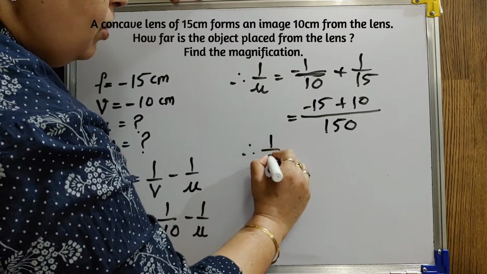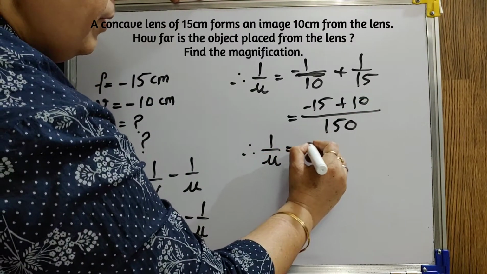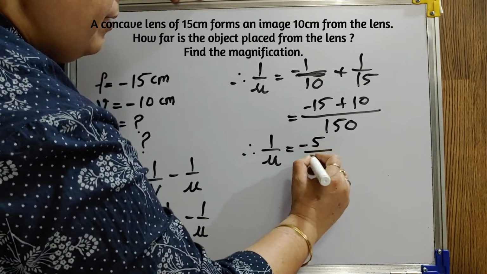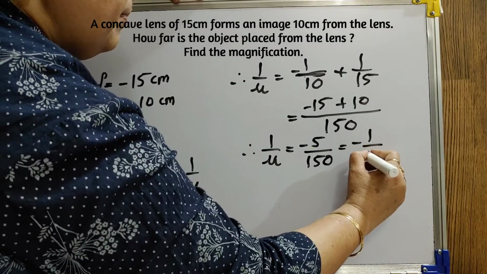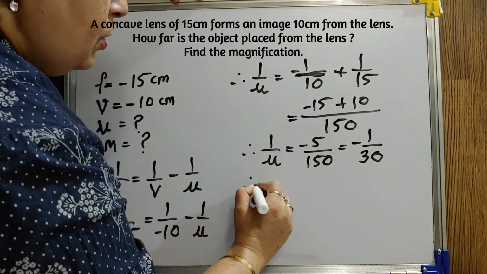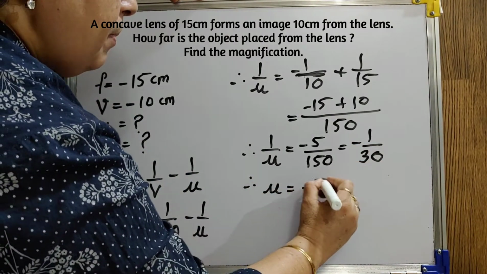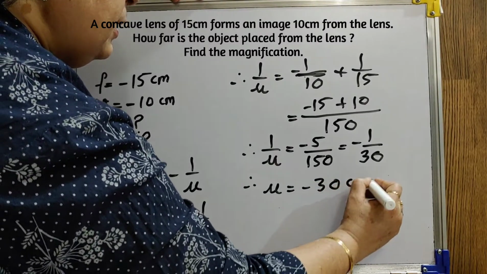So your 1 by u will be minus 5 by 150, that is minus 1 by 30. So your u is minus 30 centimeter.